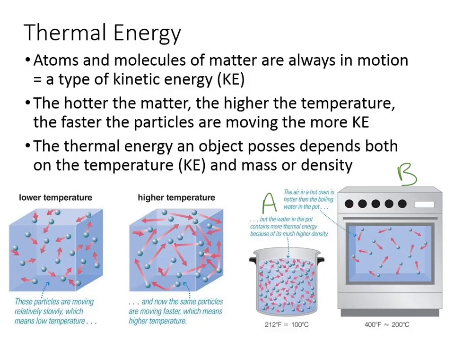If we look at the arrows, of course the arrows over here look longer, and indeed it is at a higher temperature, 400 Fahrenheit, so that's water gas, H2O gas, floating around in there. The water molecules over here are just at the boiling point temperature, so this is H2O liquid.